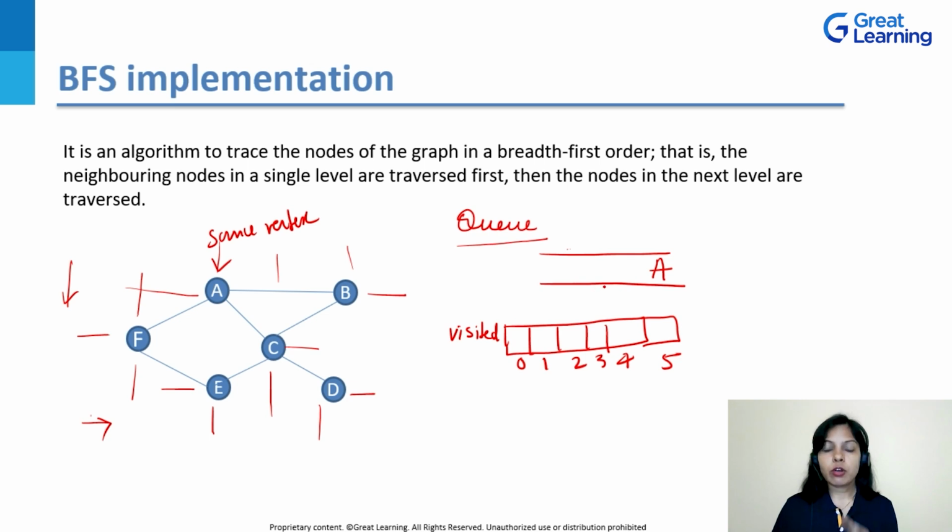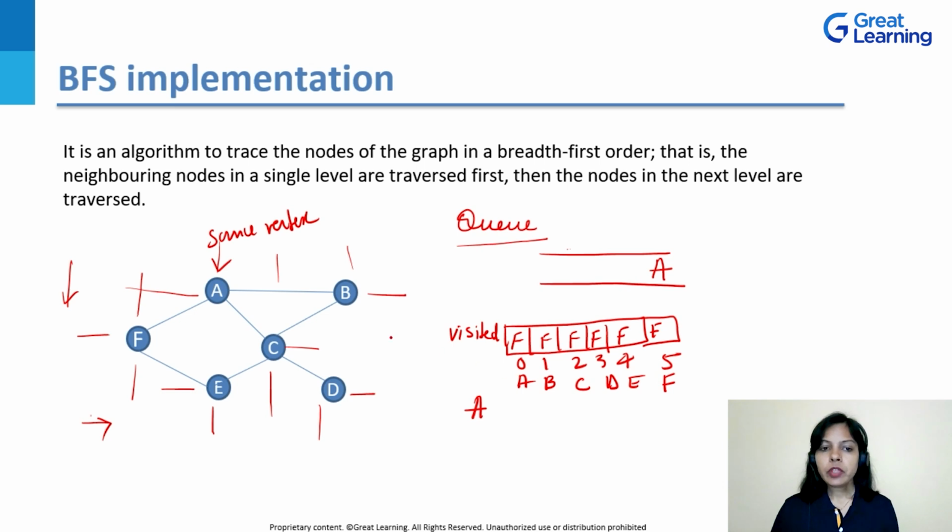Whenever you visit or traverse any given node, that will be marked here as true. Initially, all will be false. If a particular vertex is visited, that will be marked as true. So A is inserted first and it is visited first, right? So A is visited first. This 0 represents A, this represents B, C, D, E, and F.